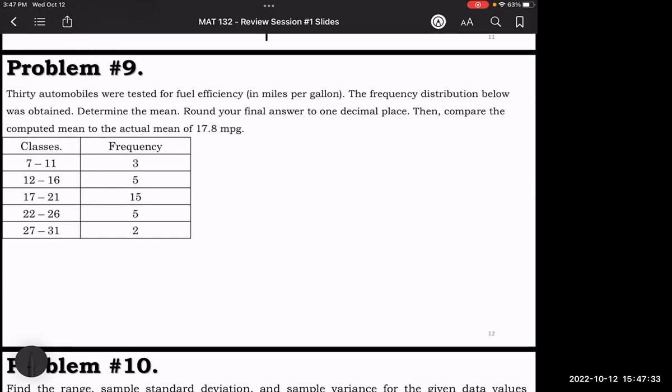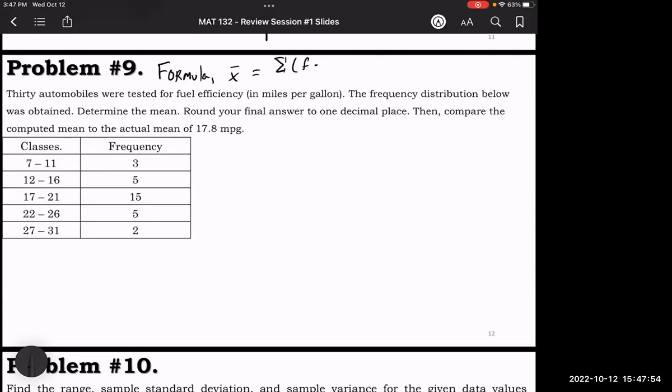Okay, so this was a problem that you probably encountered on MyLab. And there's a way to compute the mean for a grouped frequency distribution. So here's our formula. We say that X bar is equal to the sum of F, anybody remember what F stands for? Frequency.